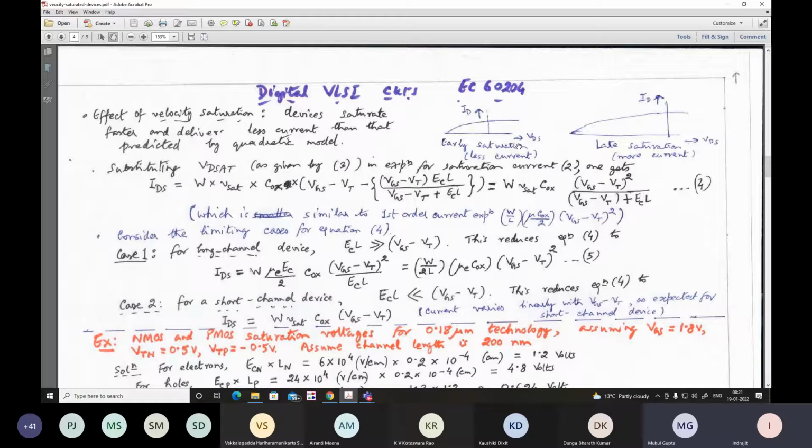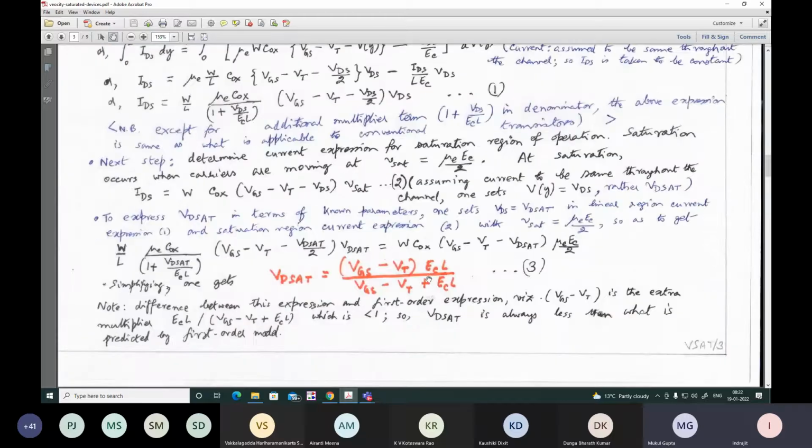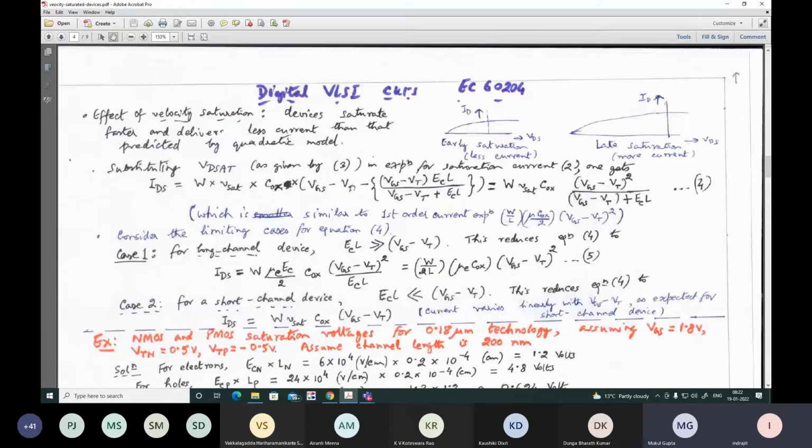So if VDSAT is lower than what is predicted, then the current will stop increasing linearly and will be almost fixed as soon as the drain to source voltage exceeds VDSAT. So this is for late saturation, this is for early saturation, and in fact, early saturation takes place for the short channel device. So if you substitute the value of VDSAT, that means (VGS minus VT) into ECL divided by VGS minus VT plus ECL, here in the current expression.